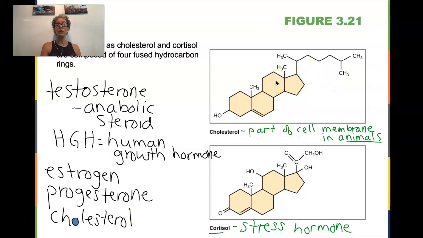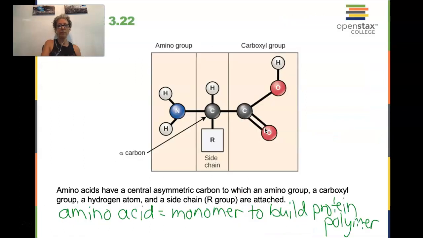So cholesterol is only found in animals. There is no cholesterol in any plant items. There are other sterols, S-T-E-R-O-L, but cholesterol is only in animal products.